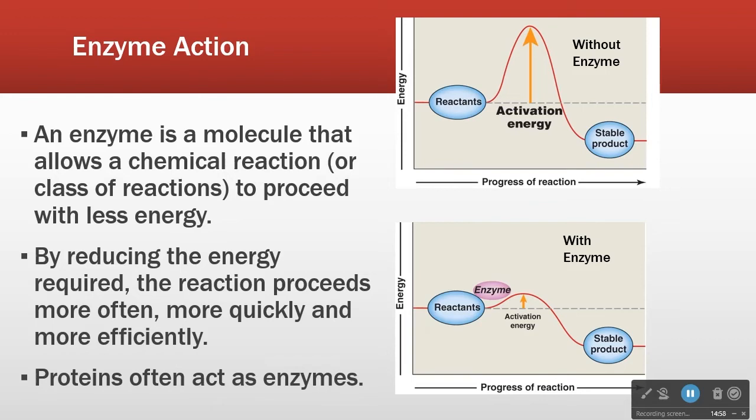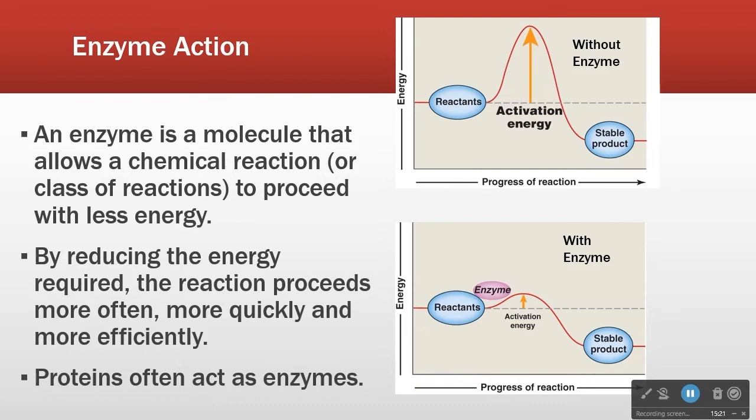So, in the presence of an enzyme, we see that our activation energy is much, much smaller. So compared to this reaction with no enzyme, this reaction with an enzyme is going to occur much more rapidly, and it's going to occur more often, right?